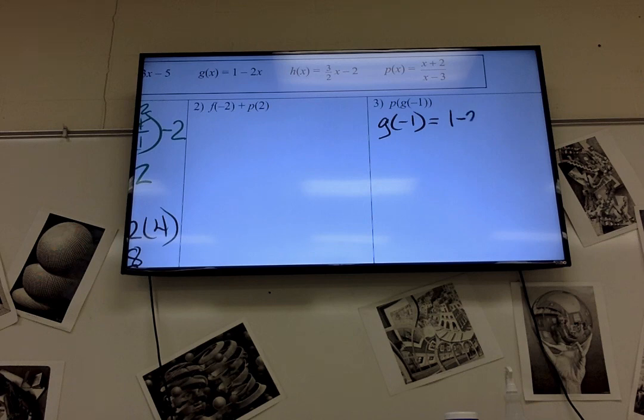So 1 minus 2 times negative 1. Got to do the multiplication before you can add and subtract. So it's really 1 plus 2, because negative 2 times negative 1 is positive. So that's 3.